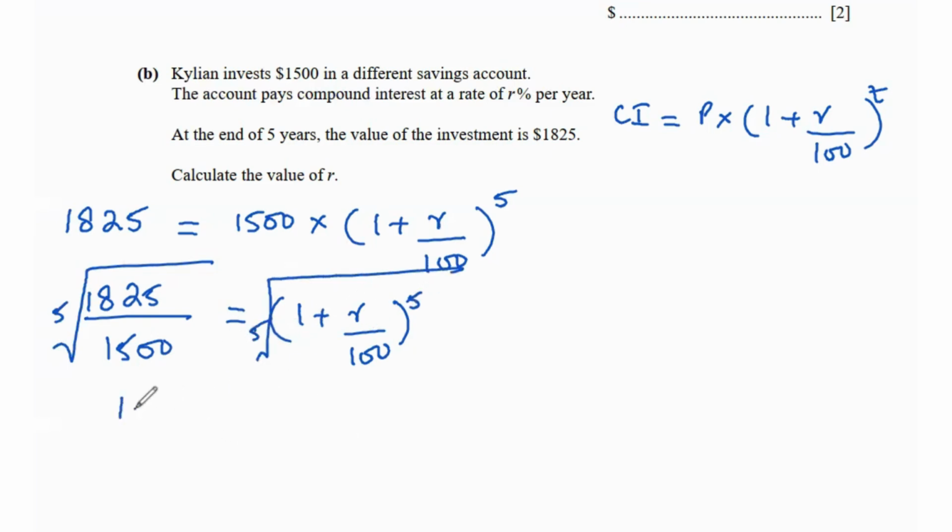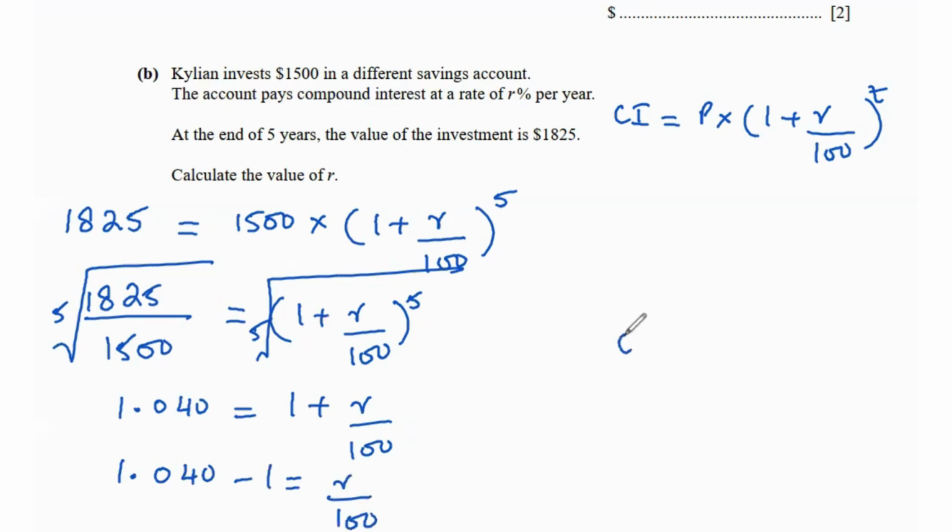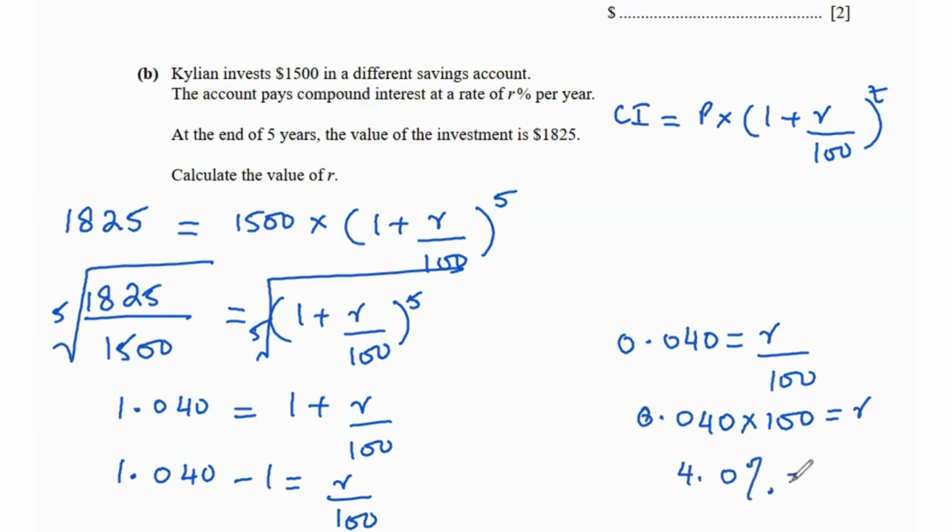So this gives us 1.040, and we have 1 plus R over 100 on this side. Subtract 1 from 1.040. That's going to give us 0.040 equals R over 100. Multiply that by 100, and that's going to be 4.0%. That's the value of the rate of interest.